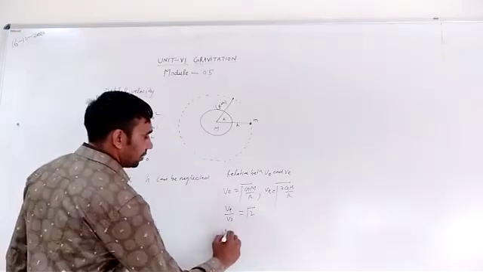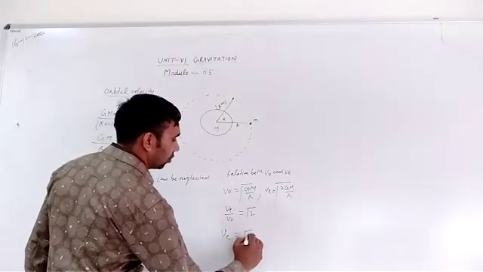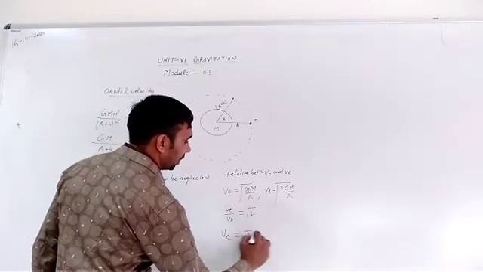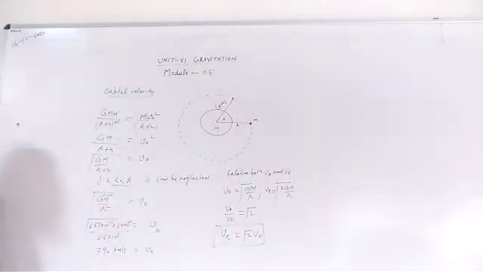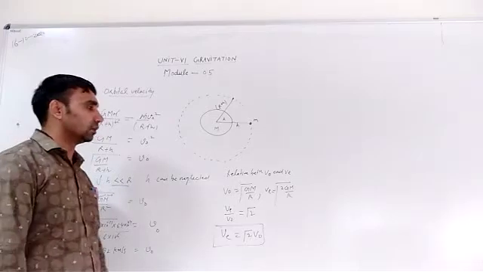Therefore, escape velocity is equal to root 2 times the orbital velocity.